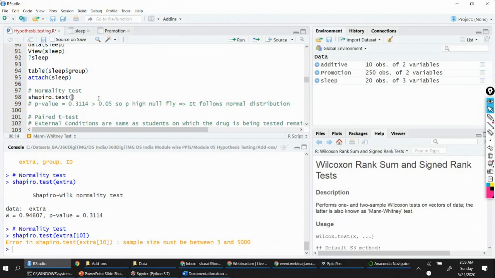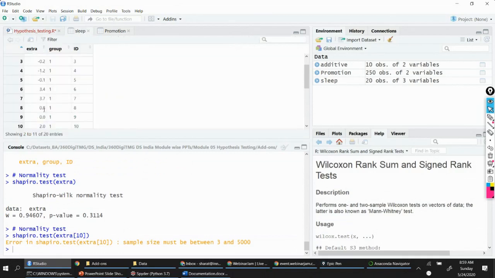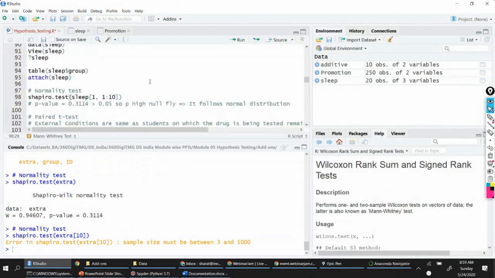Let me put it like this. Sleep, the first column, and I'll say combination of one column. So the first column and 10 rows. This is your first column, extra, and 10 rows. Easy way to check.